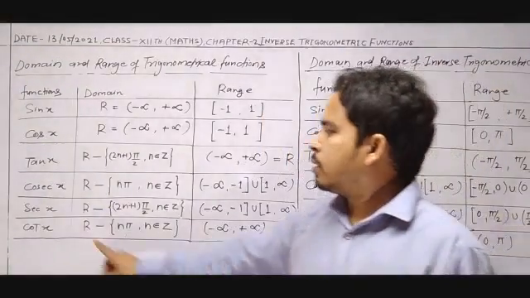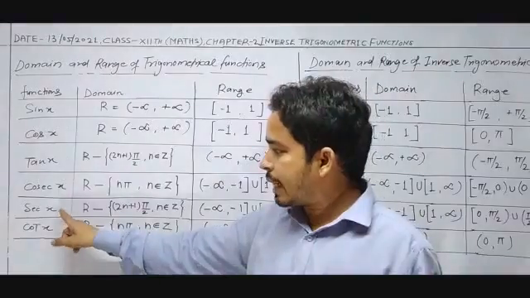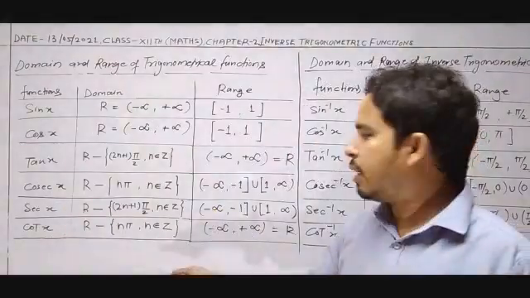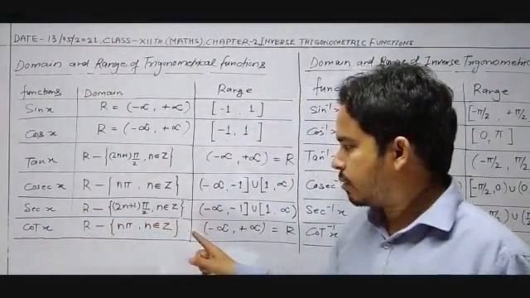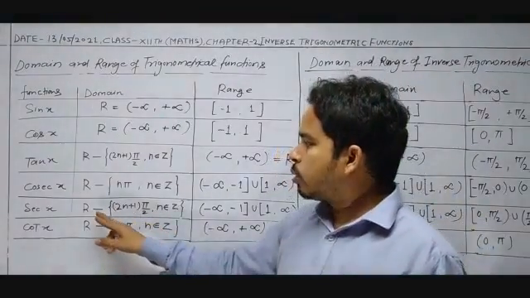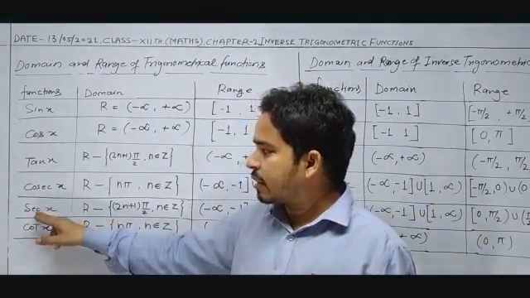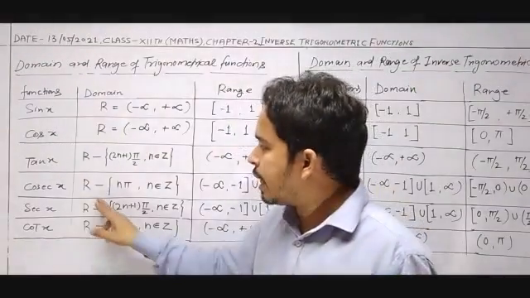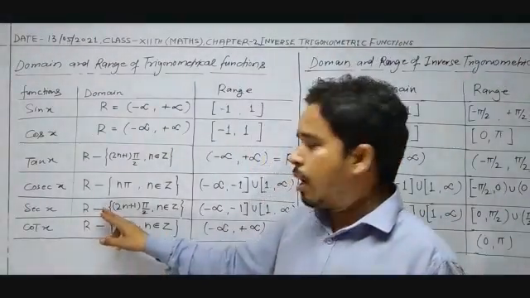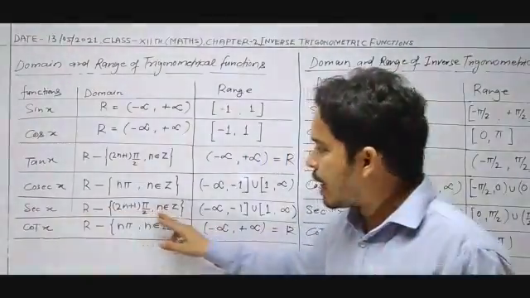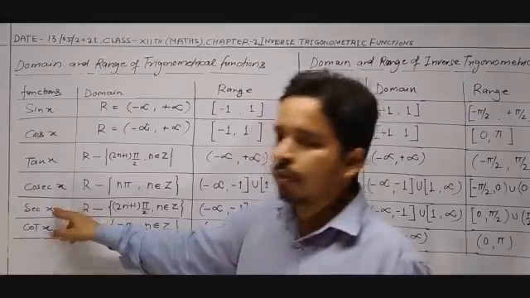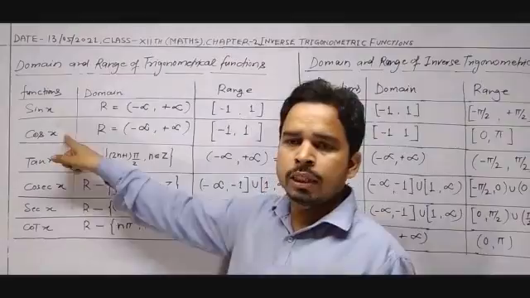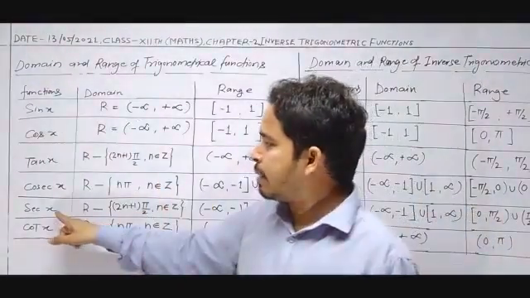Next, what is the domain of sec x? At which values is the sec x function not defined? We have to subtract those from the real numbers. So see, the domain of sec x will be the set of all real numbers excluding the numbers at which the value of this function is not defined. It means, you know, cos 90 value is 0 and sec 90 will be not defined.